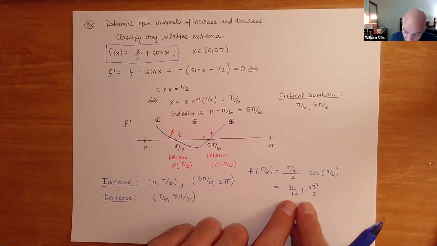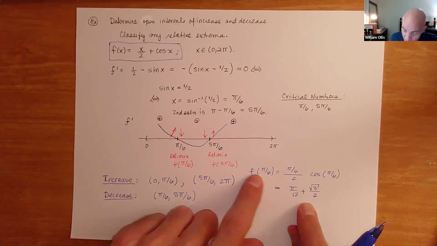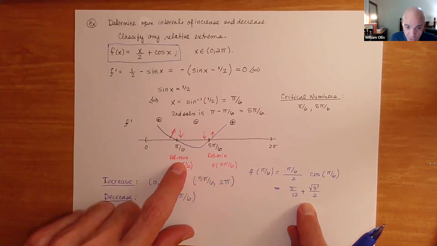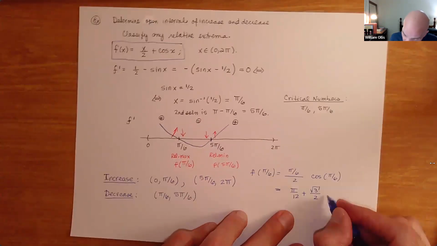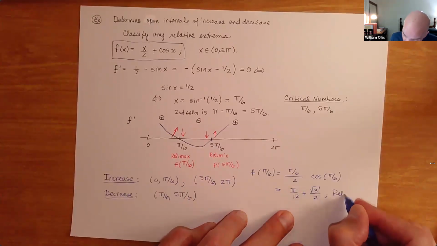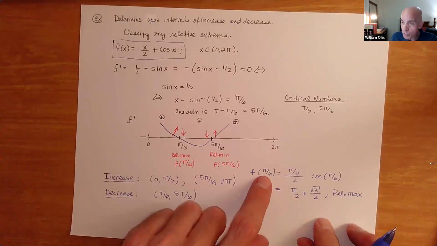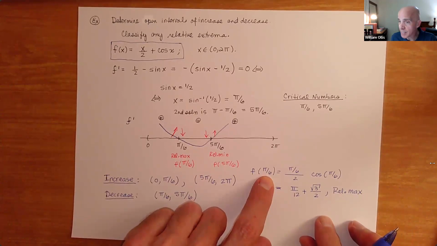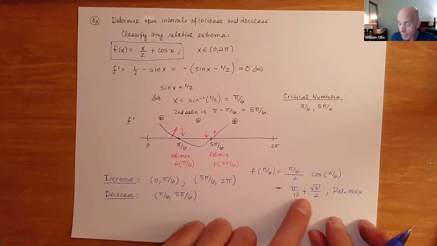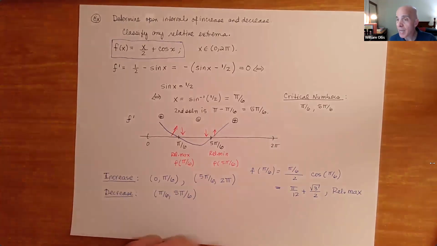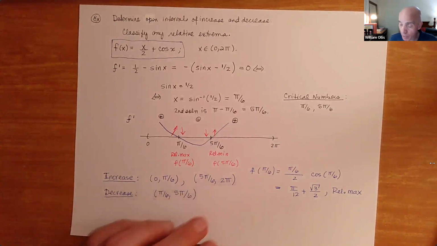And then as we know here, the f of pi over 6 gives us a relative max. So we say relative max. Now, of course, you can always include the x value where this exists and write it as an ordered pair. But just remember, the relative max is the value of the function, and in this case, it occurs at the input value of pi over 6.